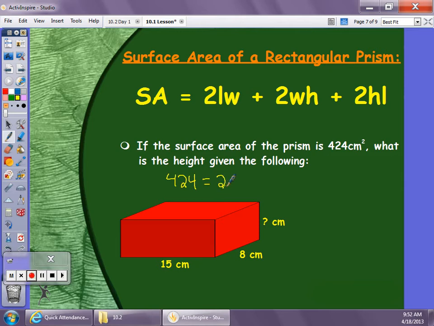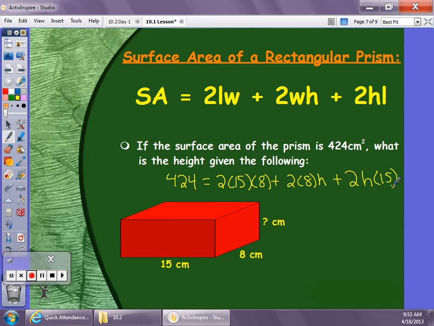So 2 times 15 times 8 plus 2 times the width times the height. So 2 times 8, and since we don't know the height, we can go ahead and put h there, plus 2 times the height times the length. So 2 times the height times the length, which is 15.